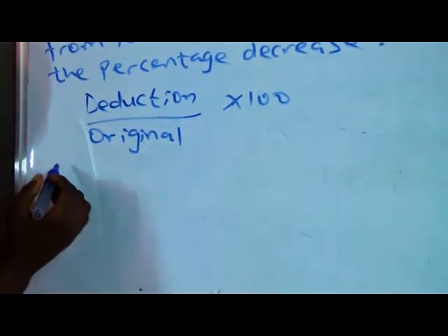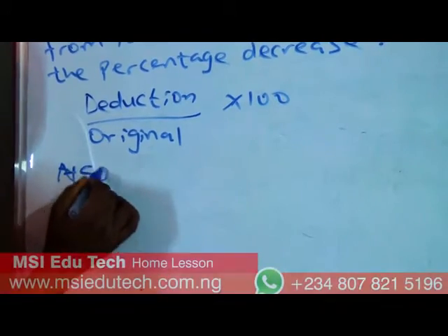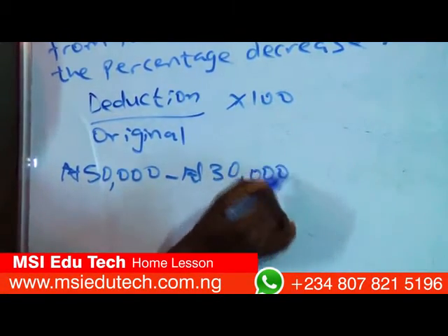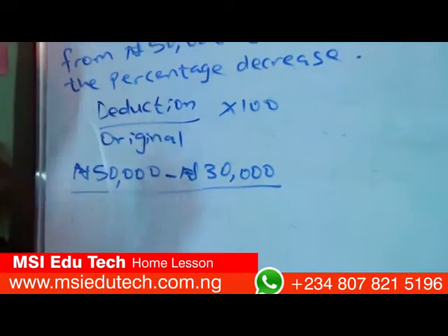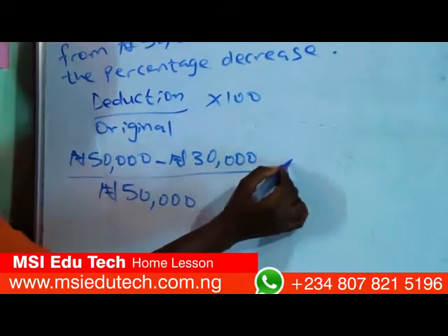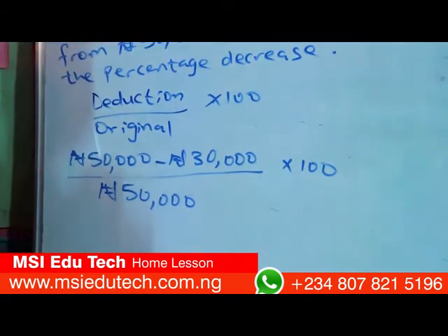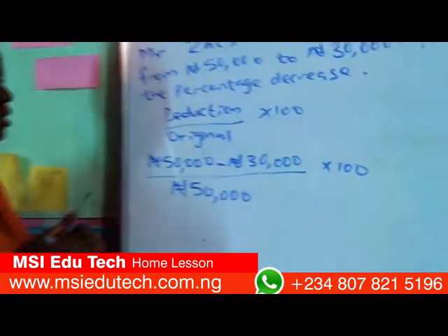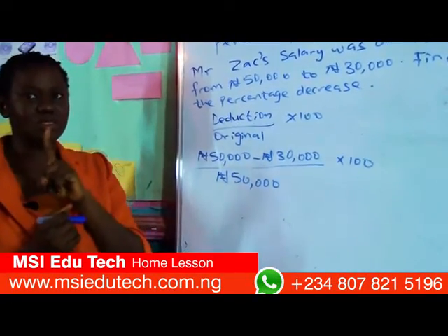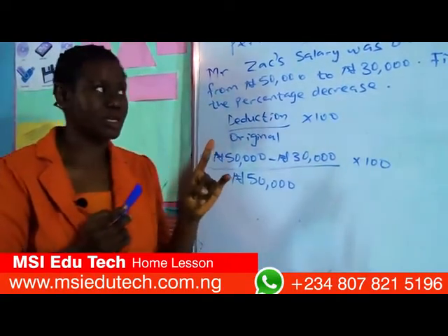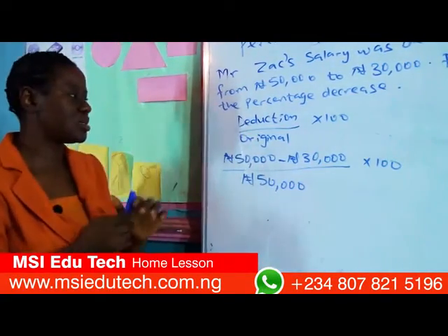The deduction here will be 50,000 naira minus 30,000 naira, and the original salary was 50,000 naira, now times 100. 50,000 naira minus 30,000 naira gives us 20,000 naira. So his salary was reduced by 20,000 naira, but we weren't asked how much was reduced from his salary, we were asked the percentage decrease.